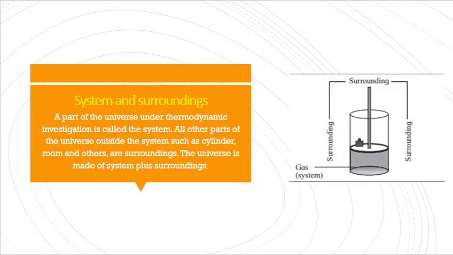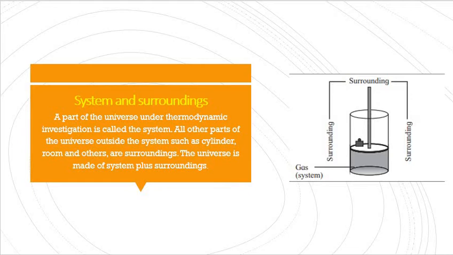In this case, the gas is called the system here, because we are studying the gas, whether its volume is increasing or decreasing, pressure is increasing or decreasing, and during the increase or decrease of volume, what changes are happening in the energy also.